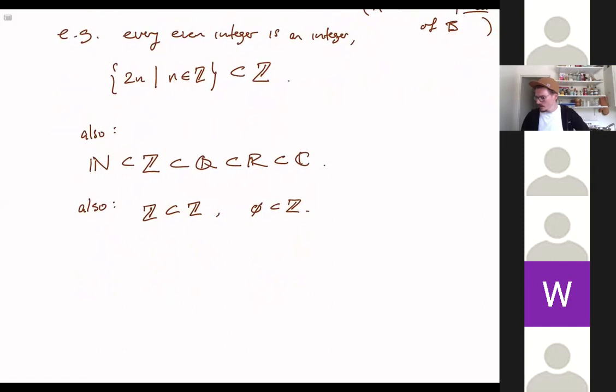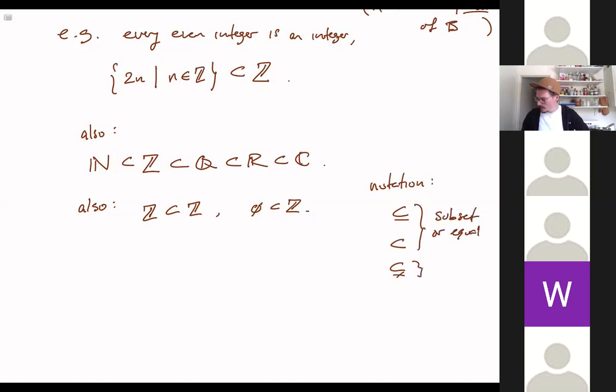So I want to make a quick notation remark. You will see these three symbols: subset equal to, subset, and subset not equal to. And this one, well, I'm going to tell you what I will use it to mean, but I just want to warn you that not everyone uses it this way. So what we mean by these is subset or equal.